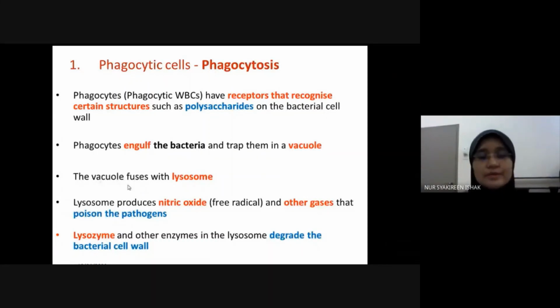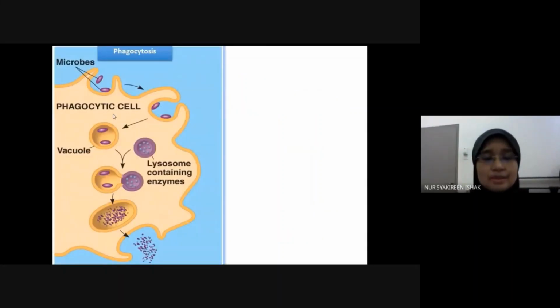The vacuole fuses with lysosome in the phagocyte, and the lysosome produces nitric oxide and other gases to poison the pathogens, and the lysozyme within the lysosome will degrade the bacterial cell wall. Okay, so this picture shows you the mechanism of how phagocytosis occurs.